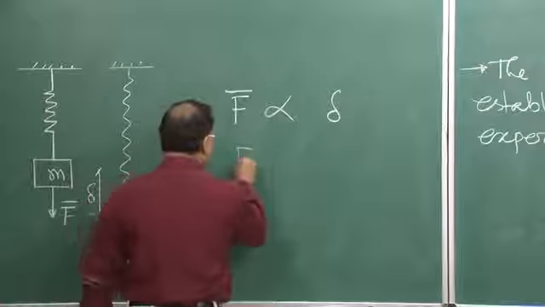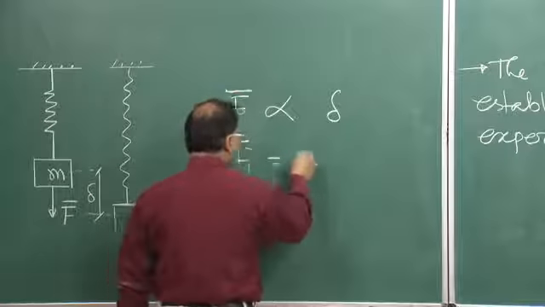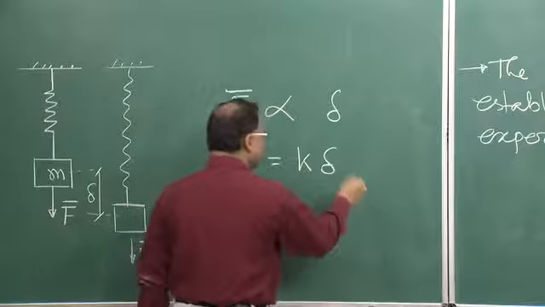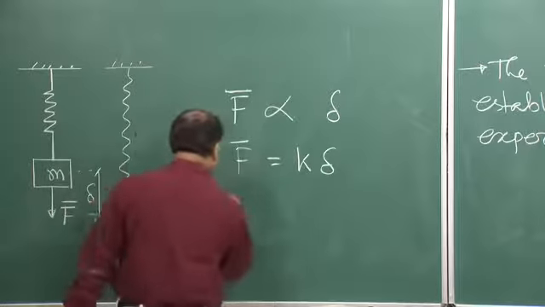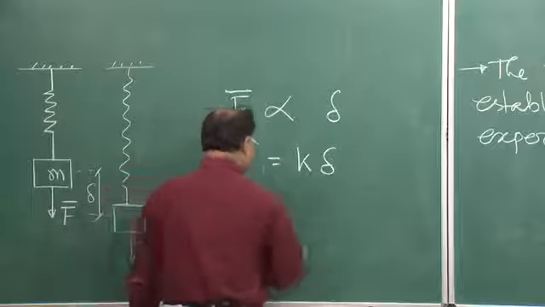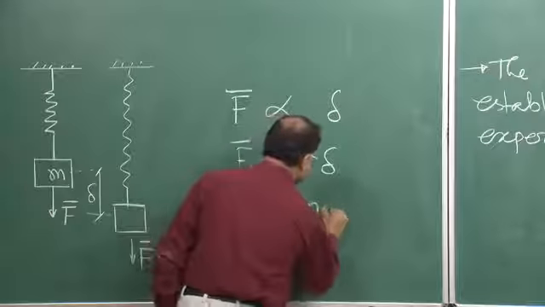So we can write F is equal to some constant into delta, and this constant is known as the spring constant.